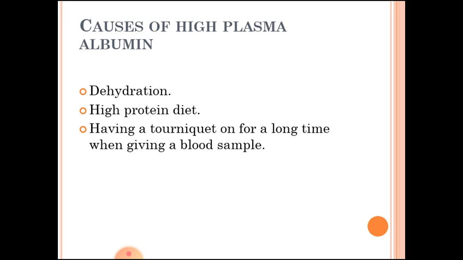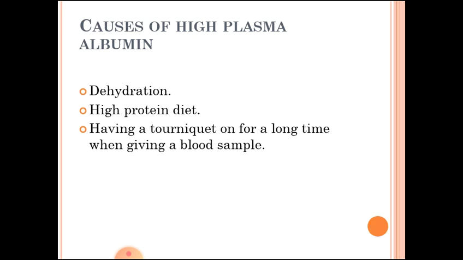This means a false increase due to bad technique or pre-analytical errors, such as using a tourniquet for a long time, which can cause venous congestion and make the plasma or serum more concentrated.